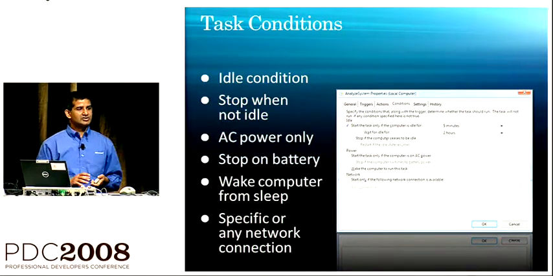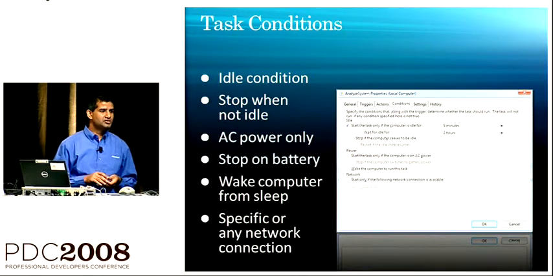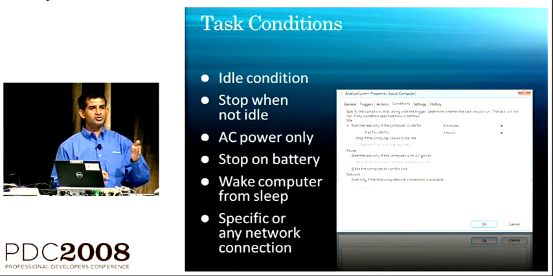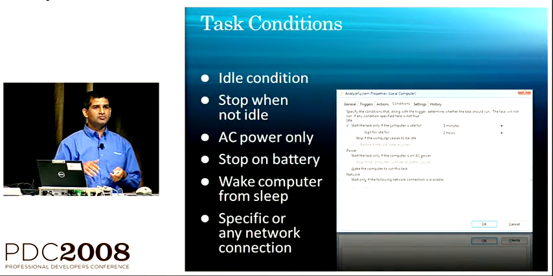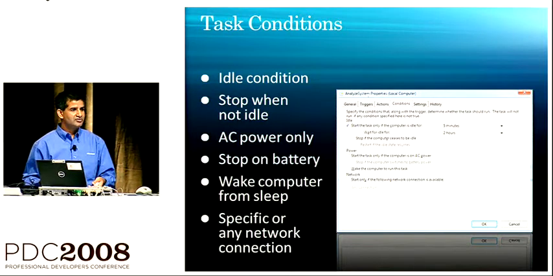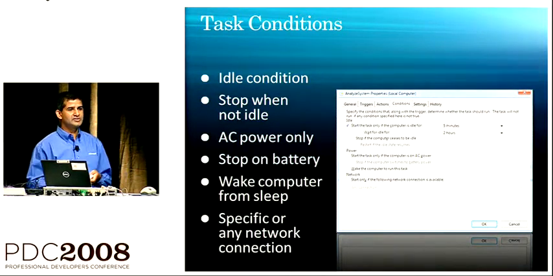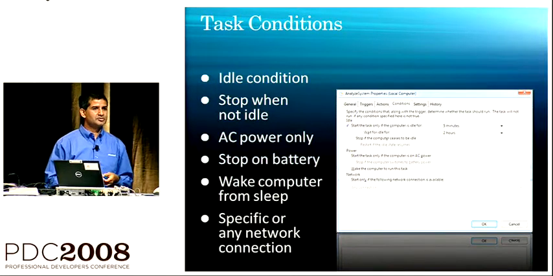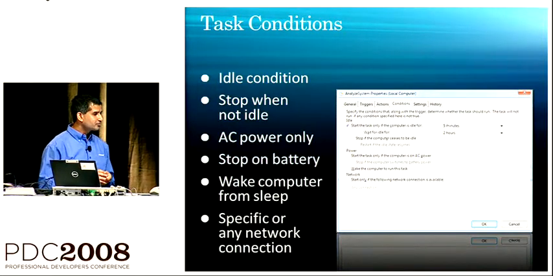So the idle condition, you will see this in many Windows tasks and it is highly recommended to be used. For example, if a Windows default task wants to run every week, but doesn't want to start if the user is actively working on the system, they can specify that, which they do today, to say if the system is not idle, then don't run me.